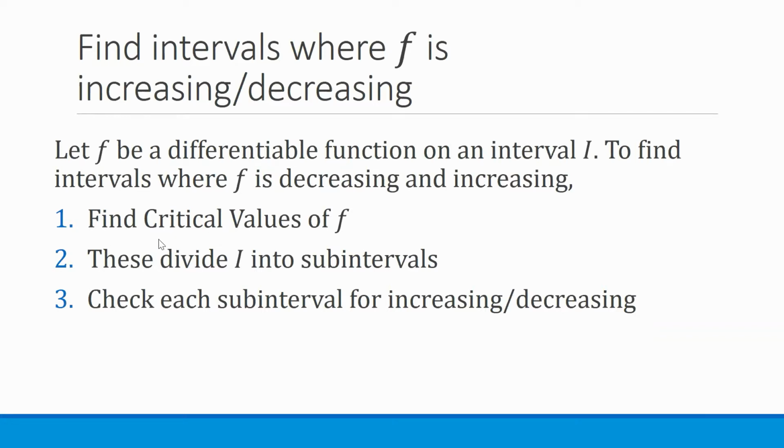The only place where our derivative can change from positive to negative or from negative to positive is at a critical value. So we can divide any interval into subintervals denoted where the critical values are, and then we can test each little subinterval. Let's see how this is done in an example.